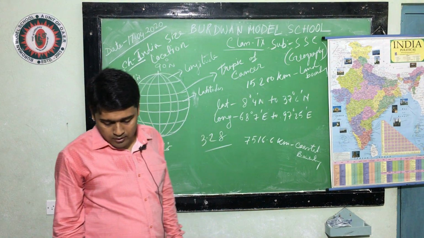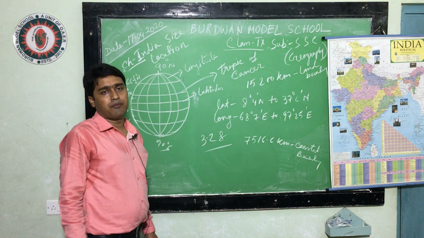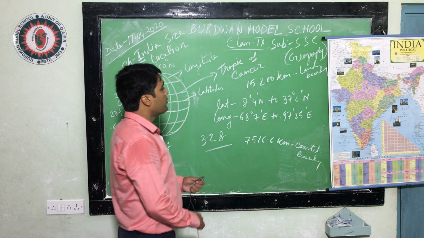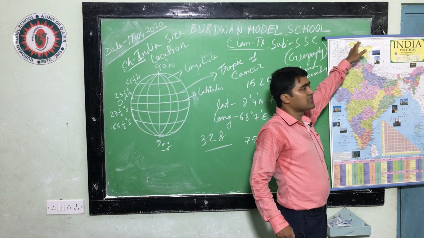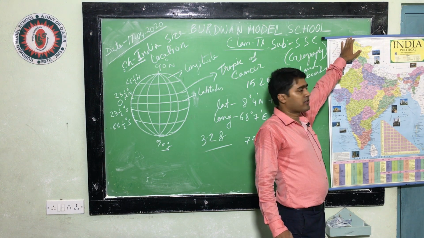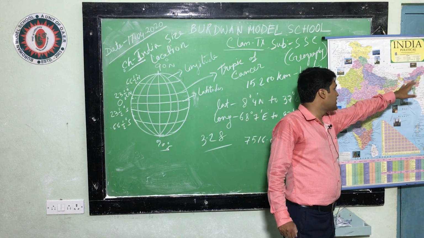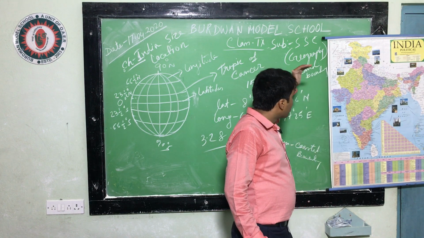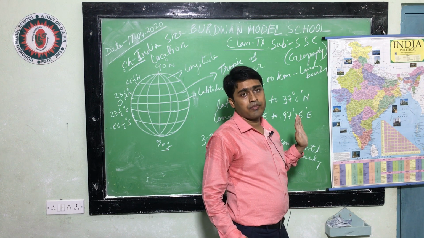After that, another topic: India's neighboring countries. India has so many neighboring countries. From the map you can also understand. First of all, Pakistan and Afghanistan are situated in the northwestern and northern part. Then China, Nepal, Bhutan, Bangladesh, Myanmar. These neighboring countries share their land boundary with India.